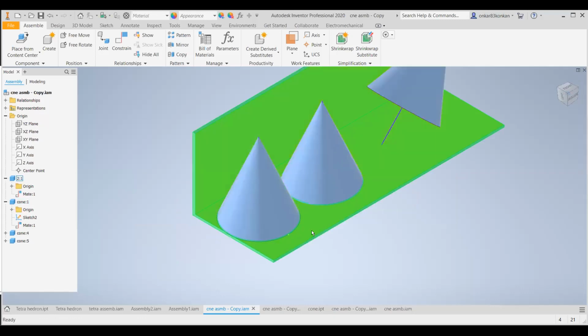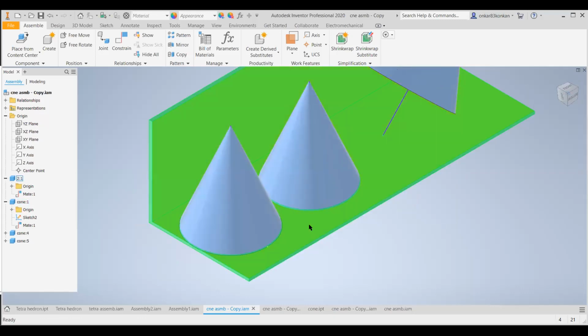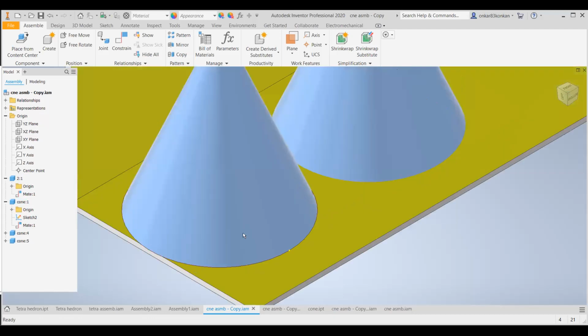So in the first stage, as the given solid is resting on the horizontal plane, okay, so place the solid such that its base will be completely on the horizontal plane and axis will be perpendicular to the horizontal plane. So this is the first stage.